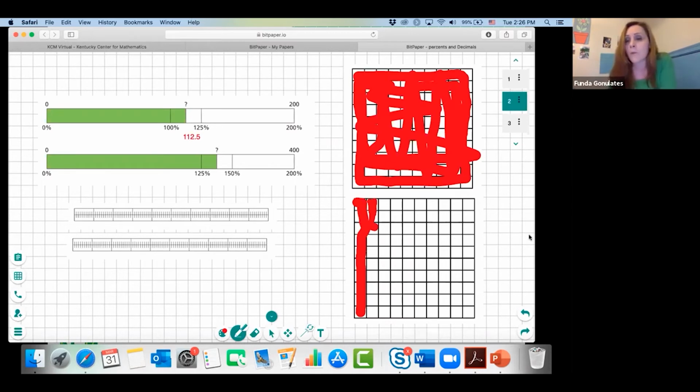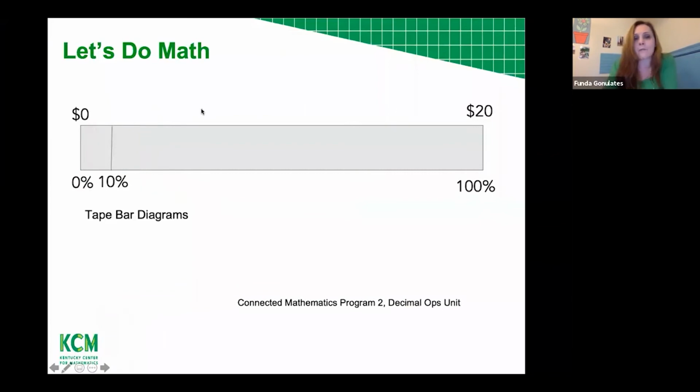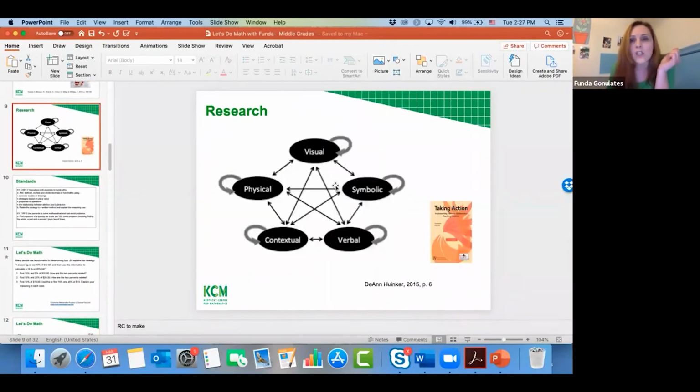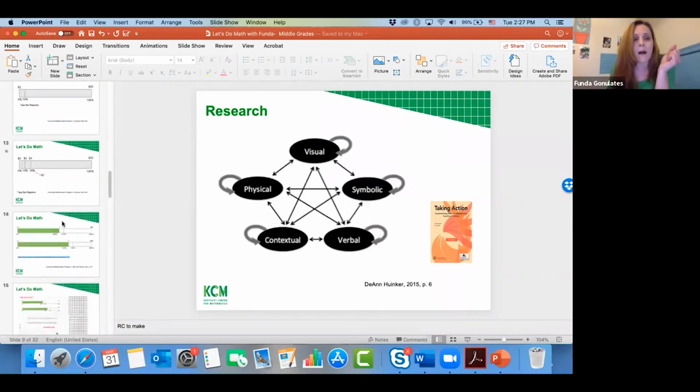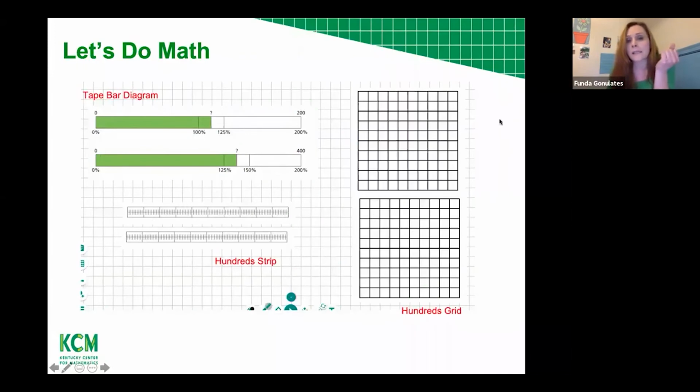Remember in our presentation, the diagram that I showed you, the visual representations, this was calling for connections between the same visual also. Now, when I provide different visuals, like the grid bar, tape bar, 100 strip, and 100 grid paper, students will see how the same ideas might slightly look different, but still be the same idea.